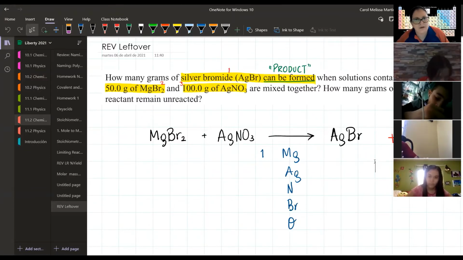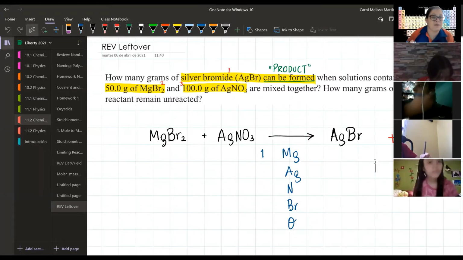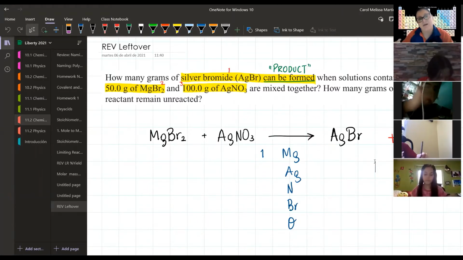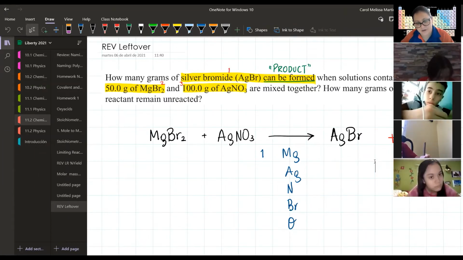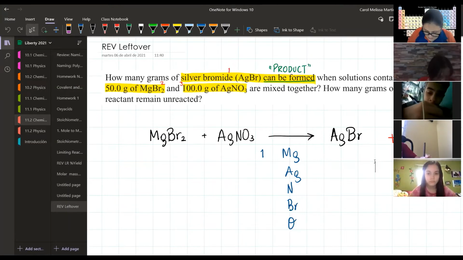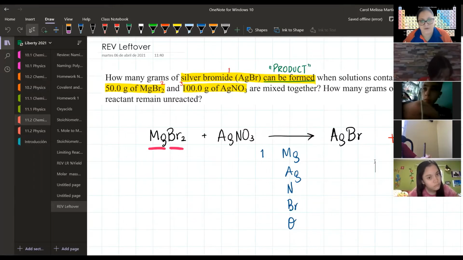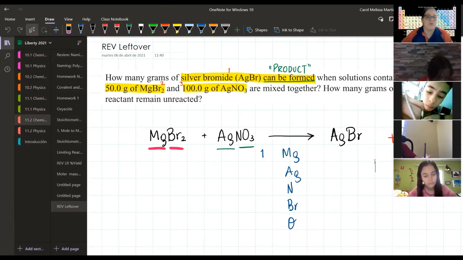Last year's topic that was types of chemical reactions, we talked about a single replacement and double replacement reaction. Now, how can I tell if this equation is double or single replacement? Take a look. I have two compounds here and I have two over there. So this is one compound and this is another compound.